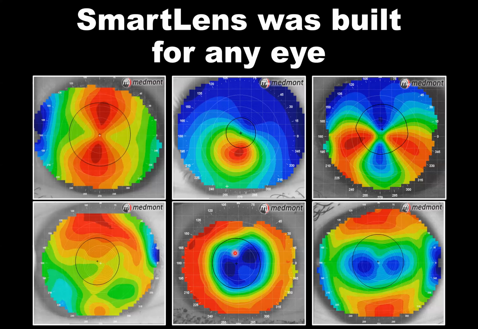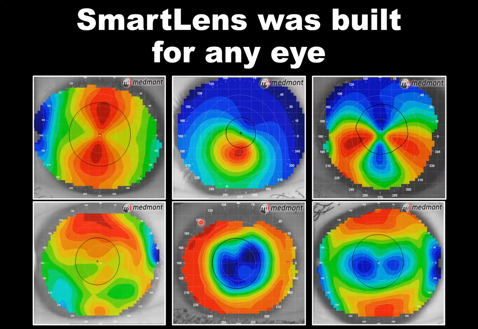So the smart lens was really built for virtually any eye, whether you had a normal corneal shape, an incredibly high astigmatism, a keratoconic, a pellucid, a transplant eye, a post-refractive surgery case. The smart lens was built for any one of those eye shapes. You don't need multiple different trial sets to be able to manage these varied eye shapes.